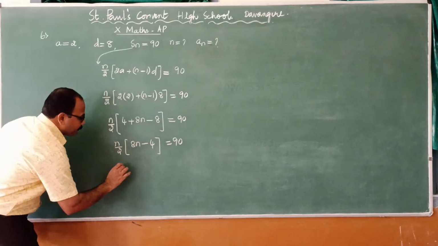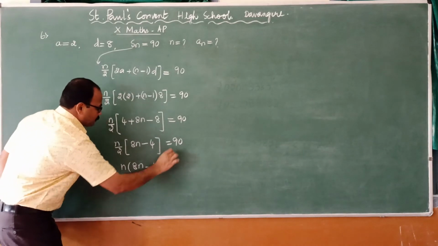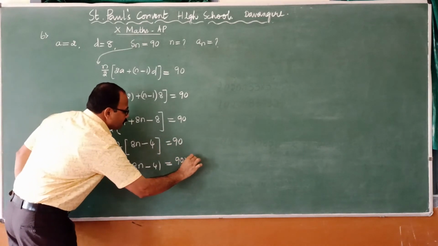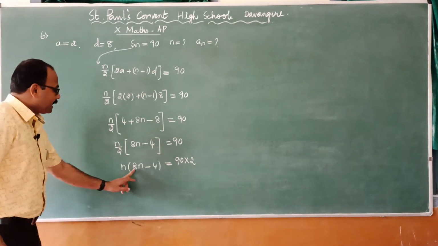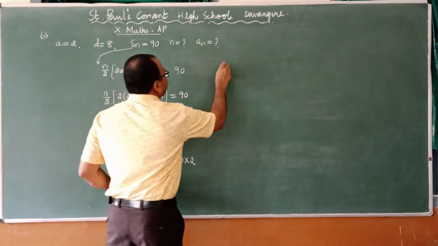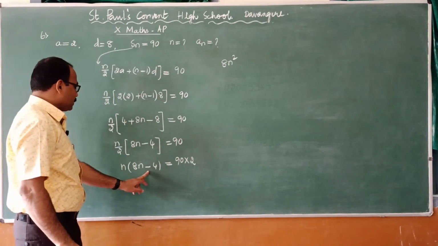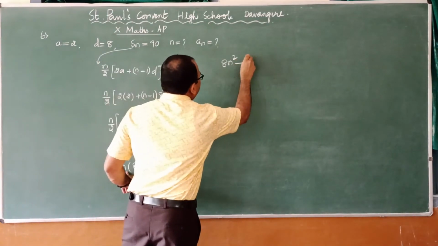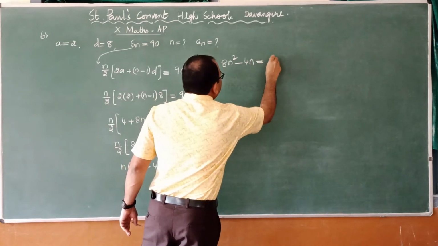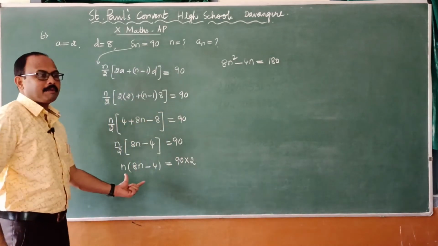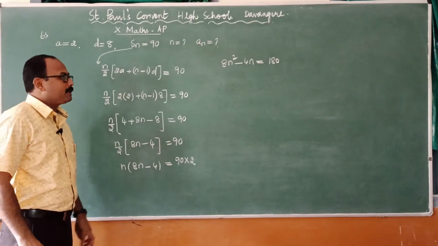Therefore, this will become n into (8n minus 4) equal to 90 into 2. On simplification it becomes 8n into n, 8n square, minus 4 into n, 4n, minus 4n is equal to 180. This is all the simplification part, which is about multiplying a monomial with a binomial.